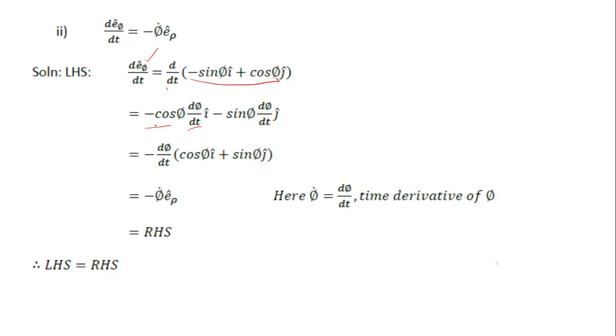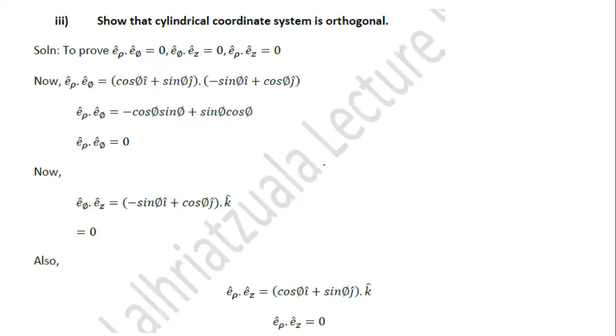So differentiation of a function. If you follow this simple differentiation, with the minus sign, this is what you're going to get. I think there's no need to spend so much time here. d phi upon dt, you denote as phi dot. So this dot has to be there to represent the time derivative. These are some very simple things.